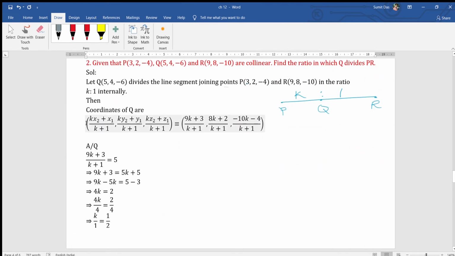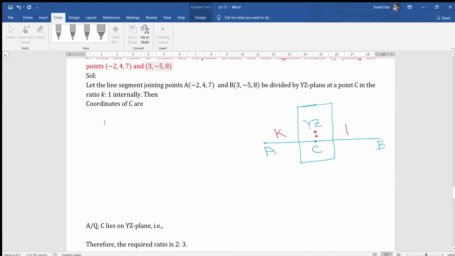Like this. The coordinate of C will be this.